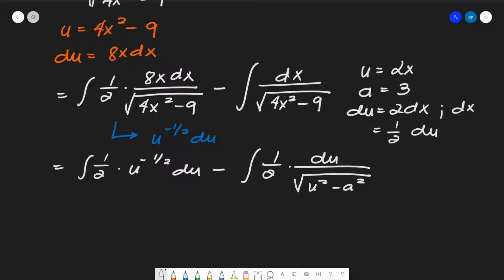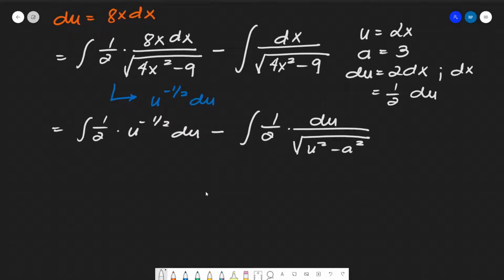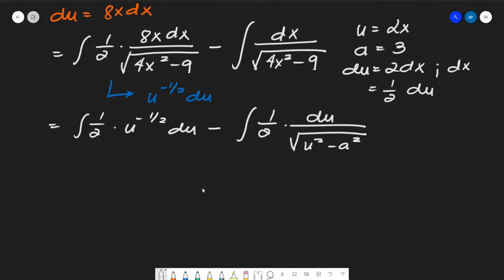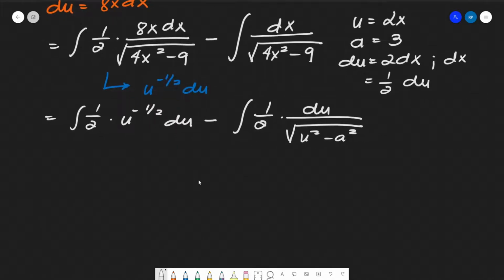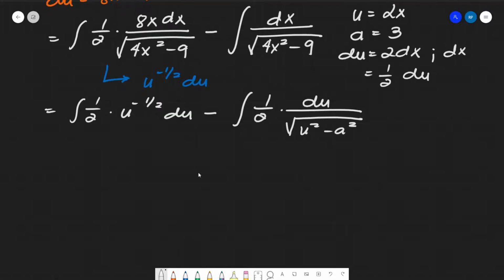So, what is our formula for du over the square root of u squared minus a squared? We have the natural logarithm of u plus the square root of u squared minus a squared. Okay, so let's evaluate. We have 1/2 times u raised to negative 1/2 plus 1/2, over negative 1/2 plus 1/2.